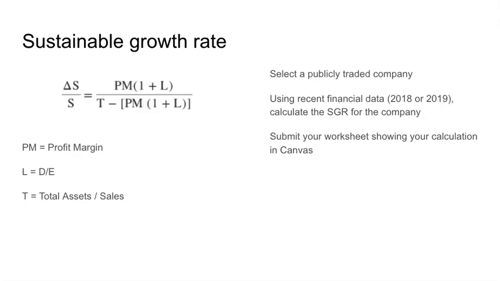And the formula is, as you can see, the profit margin times 1 plus the leverage of the organization, that is a measure of how much debt to equity it has, over T, its total assets over sales, minus that same factor. And there's no shortage of resources online that walk through the derivation of this formula.